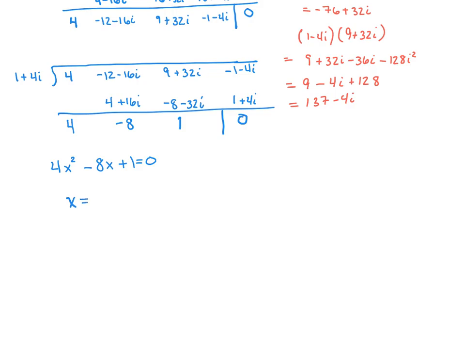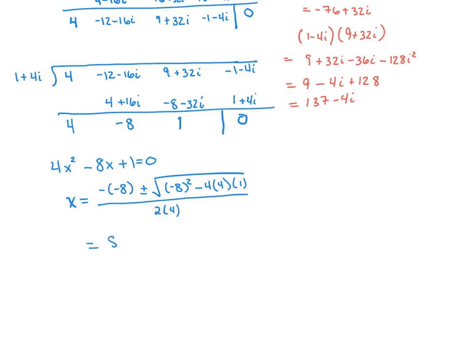If we use the quadratic formula, we get negative negative 8 plus or minus the square root of the square of negative 8 minus 4 times 4 times 1, all over 2 times 4. So we obtain 8 plus or minus the square root of 48 all over 8.